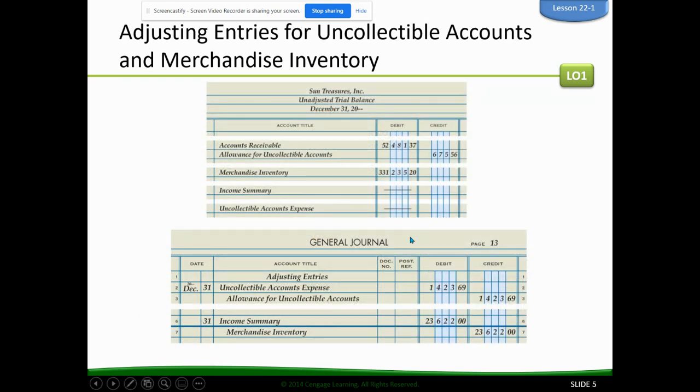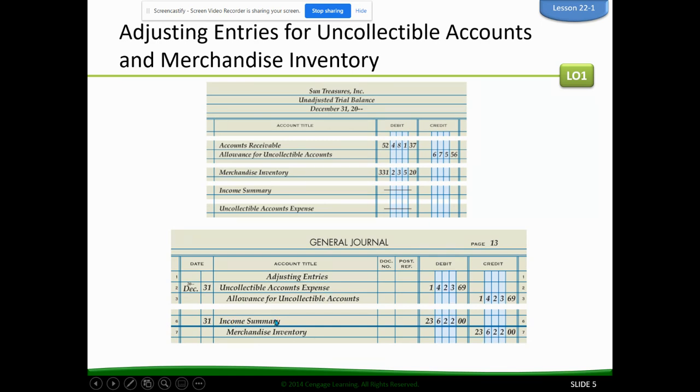Here is an example of our uncollectible accounts expense. They've given a certain percentage, and that percentage comes to $2,000 something, but we already have $600 in my account. So that leaves us with $1,400 left. Then we have our ending inventory. In the previous example, they gave us our ending inventory, and the difference was 23.